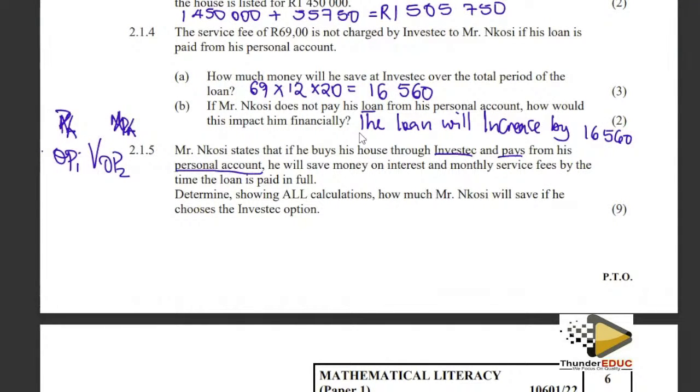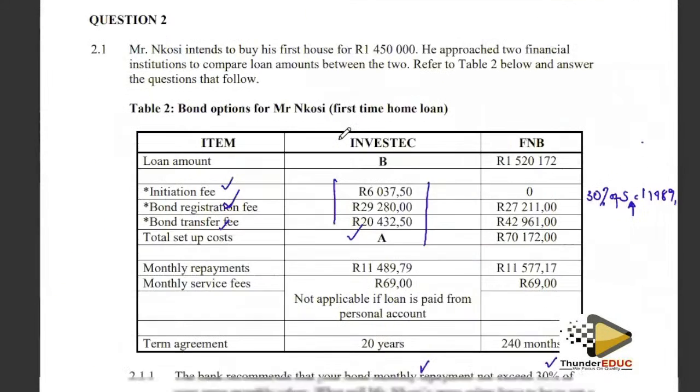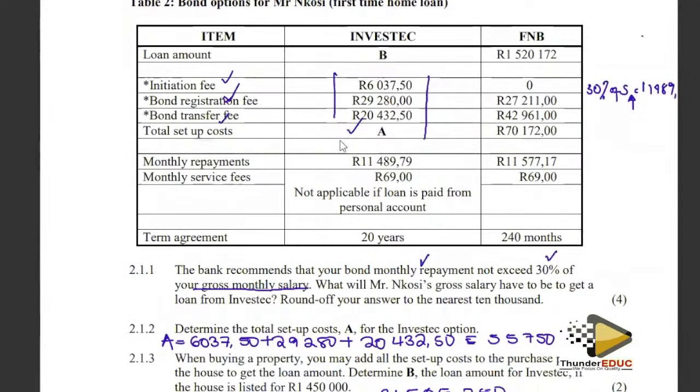The option that we are looking at is save. How much will he save if he chooses the Investec option? We have option one, Investec, or option two, which is FNB. We need to know how much does everyone save at the end.